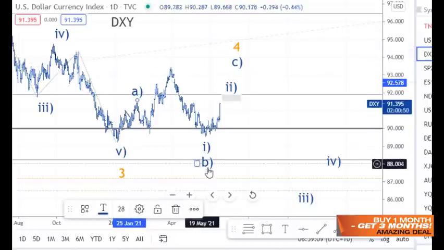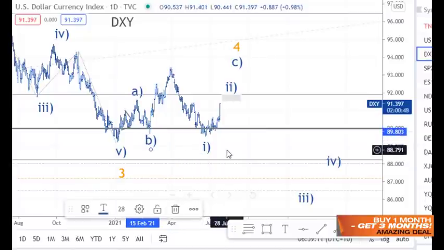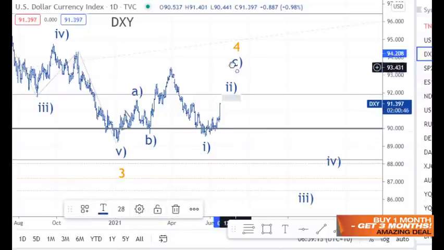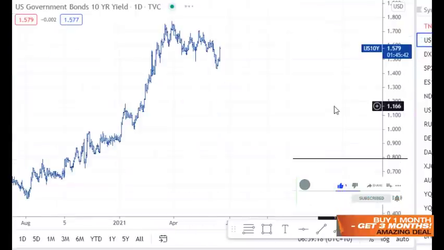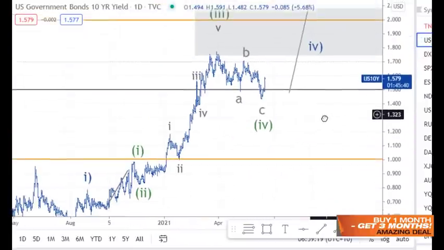But the takeaway here, of course, is that the US dollar has pushed up higher here, and also the yields have started to push up a bit higher now too.